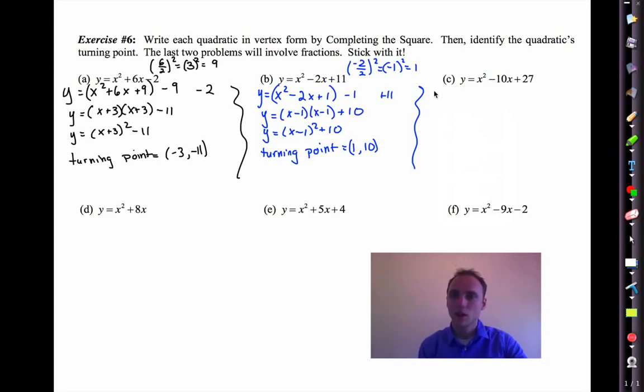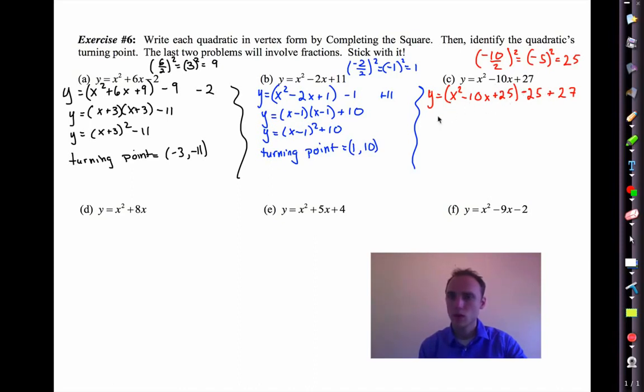All right. So rewriting this, I get y is equal to x squared minus 10x plus 27. Finding my c term, I'm going to take the negative 10 divided by 2 and square it, which will be negative 5 squared, or 25. So remember, I'm adding the term inside the grouping and subtracting on the outside.